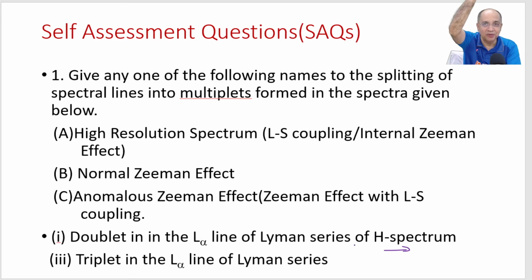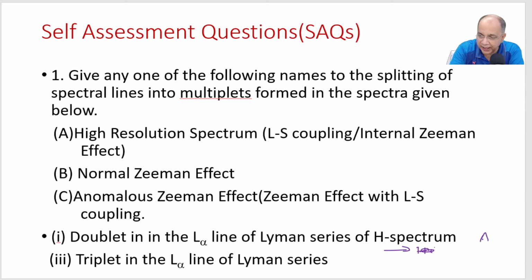That means P 3/2, P 1/2 to S 1/2. Then only there will be a doublet in the L alpha line. Otherwise, it would be 10 lines. If it is anomalous Zeeman with a magnetic field, you would have 10 lines. I have seen that.